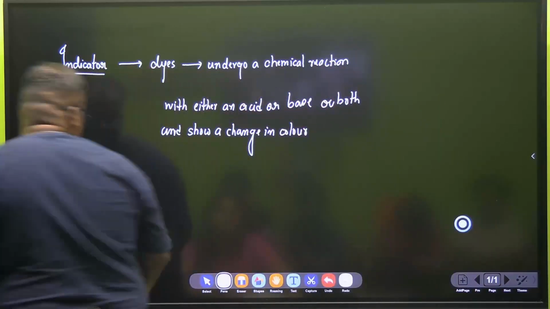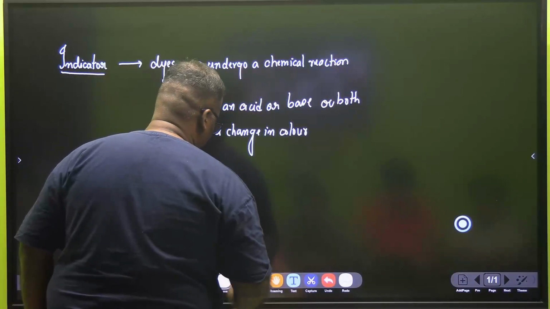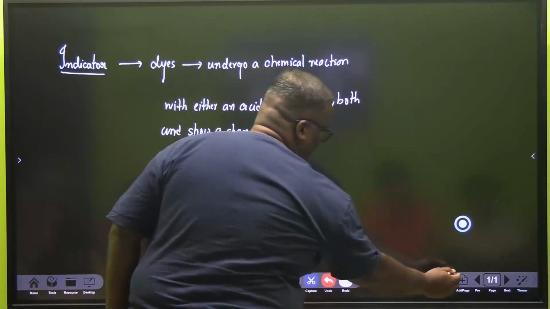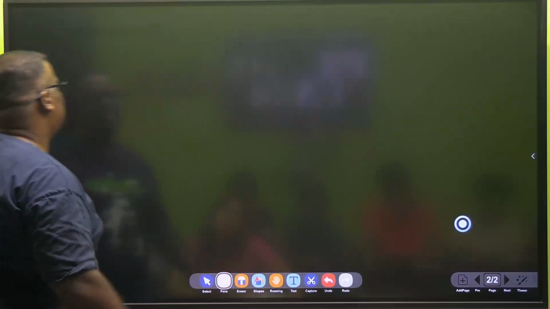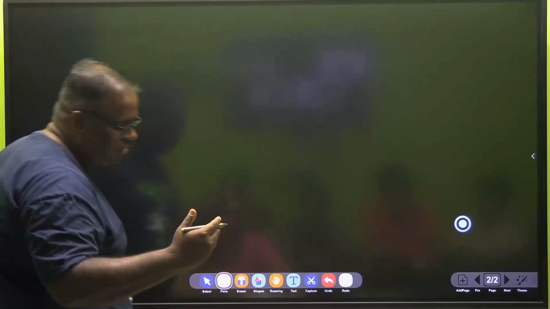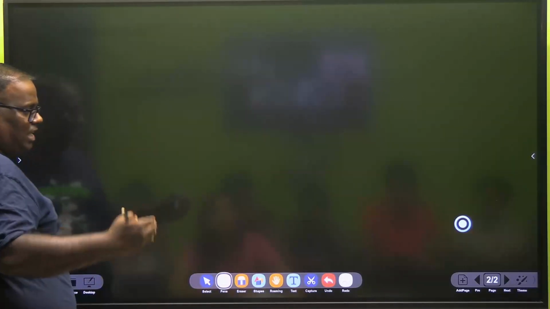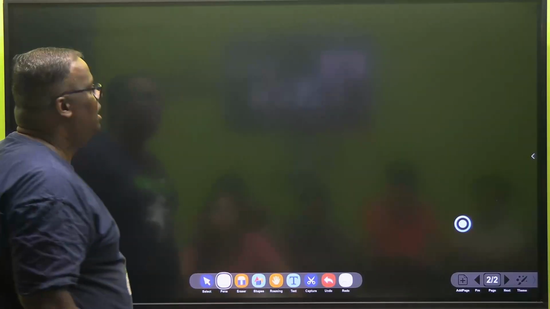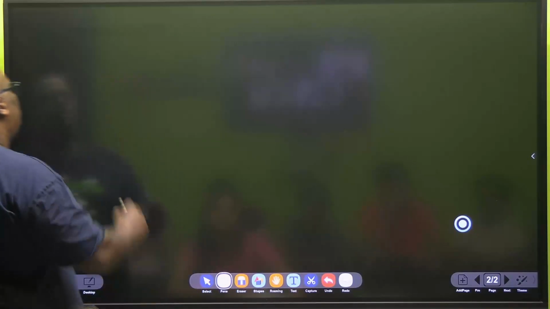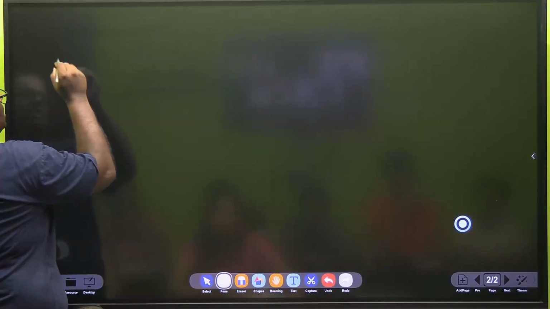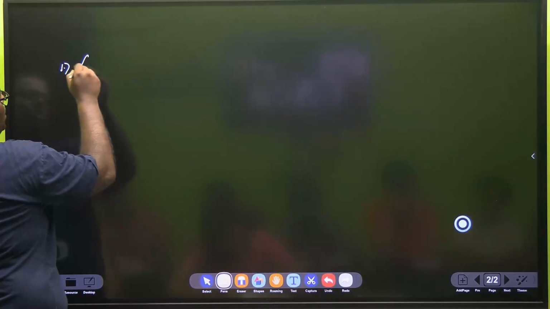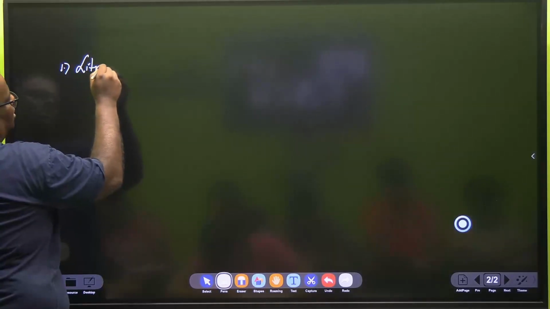So we need to study a little bit about indicators. Let's understand some indicators. Now, in the chemistry laboratory, at a very primitive stage, when we are in grade 10, grade 11, grade 12, up to your senior secondary level, we deal with three types of indicators at most. The first one is known as litmus.